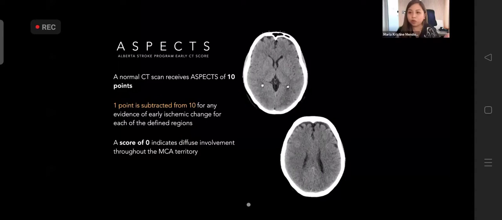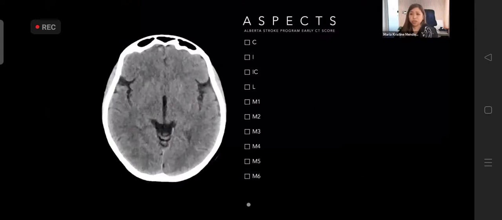And then the total score after you have subtracted all the areas that are involved in the infarction would be your aspect score. So just for example, if there is diffuse involvement throughout the MCA territory, meaning all those 10 structures or areas have ischemic signs by CT scan, the score would be 0.